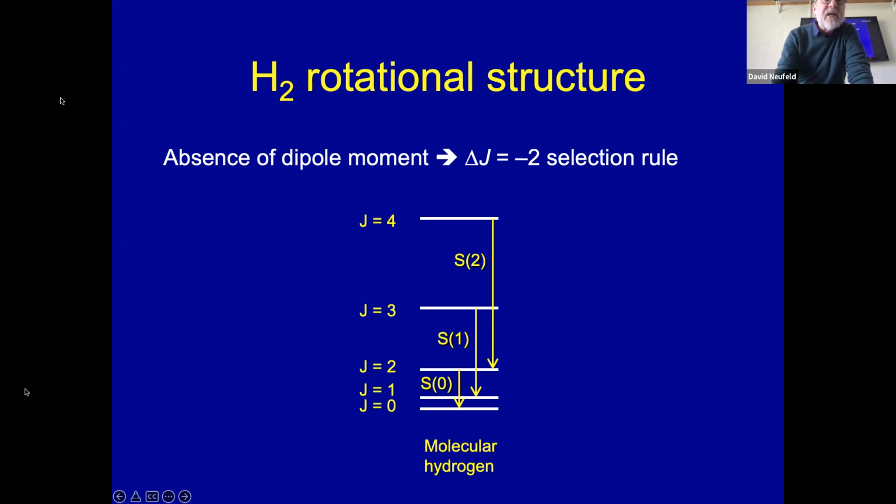And so we see all these different transitions at infrared wavelengths. And because there's no dipole moment, and for other reasons that I'll get to in a minute, the change in J is always 2 rather than 1. And spectroscopists use a capital S to indicate a change where delta J is -2. And then the number inside here is the rotational quantum number J of the lower state.